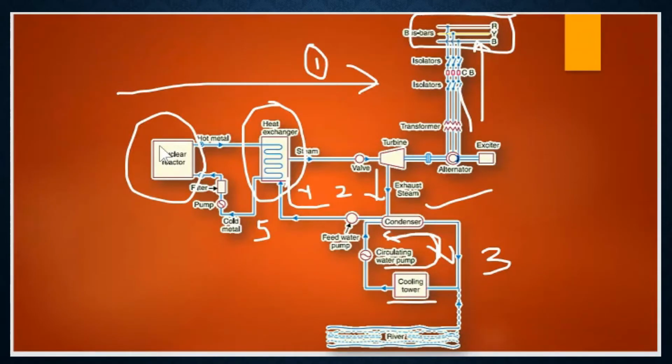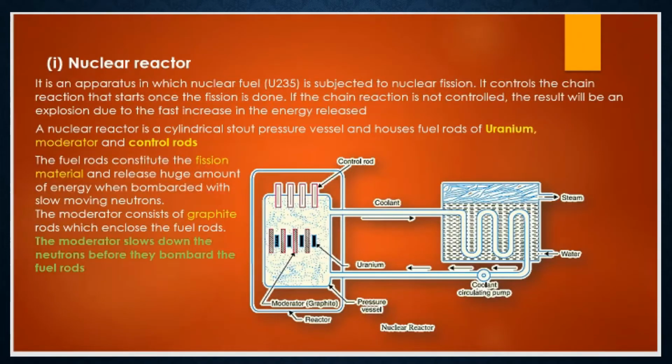Okay, so in the next slide we are going to learn about the nuclear reactor. So what is a nuclear reactor? The fuel that is used in the nuclear reactor is uranium 235. Uranium 235 is kept in this reactor chamber, and here fission will take place.